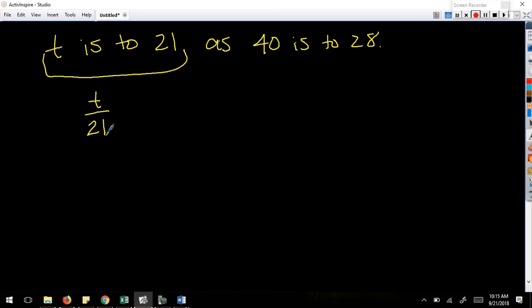Alright, "as" means equal here because that's how we set up the proportion. 40 is to 28. What goes on the top? 40 over 28. Can you solve this?